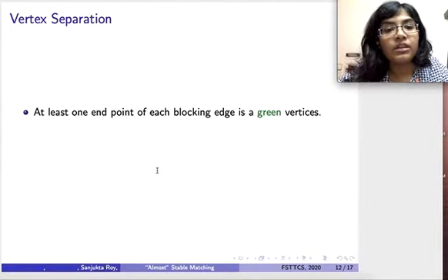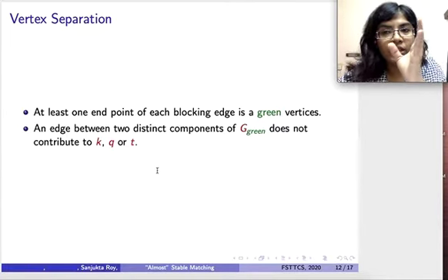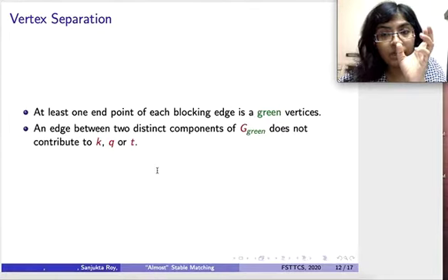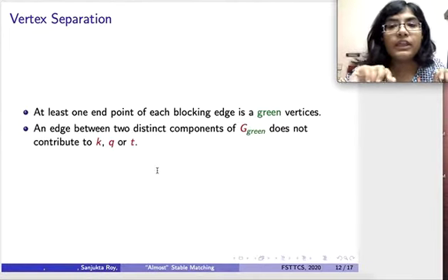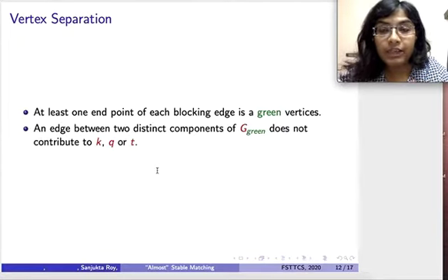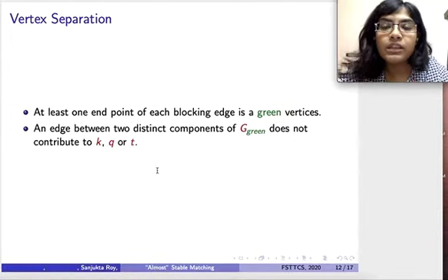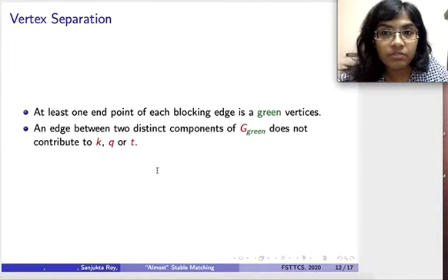And if you look at the components of G green, the graph induced on the green vertices, then all the edges that go between two different components cannot contribute to the symmetric difference. Neither can they contribute to the increase in the solution matching size, nor to the blocking edges. So this I will not prove, but this is what we achieve after the vertex separation phase.